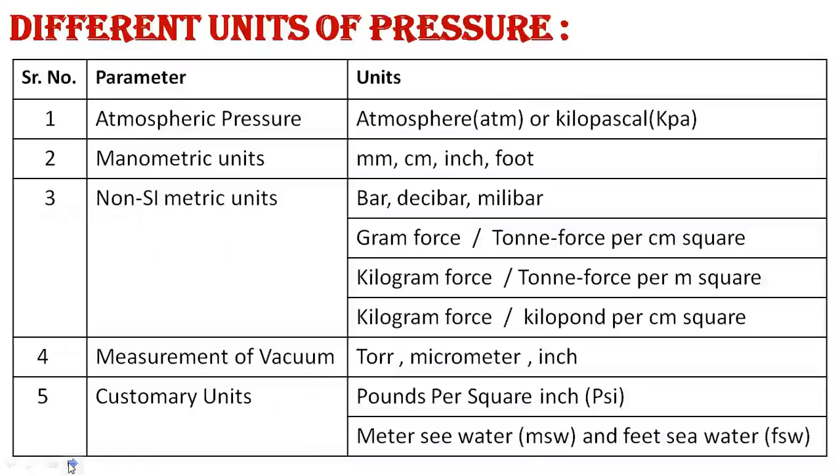Different units of pressure. First one is the atmospheric pressure, with the unit atmosphere or kilopascal, that is ATM and kPa. Second is the manometric units: millimeter, centimeter, inch or foot. Third is the non-SI metric units: bar, decibar.